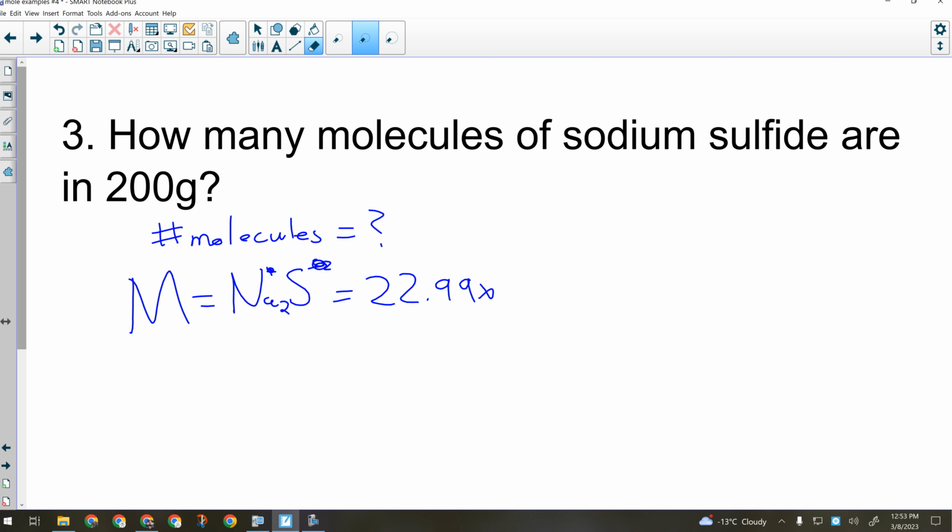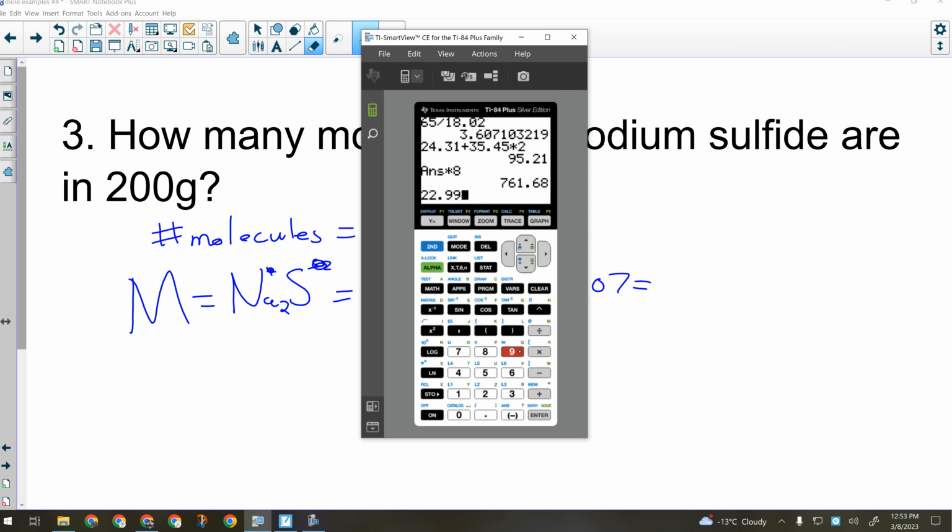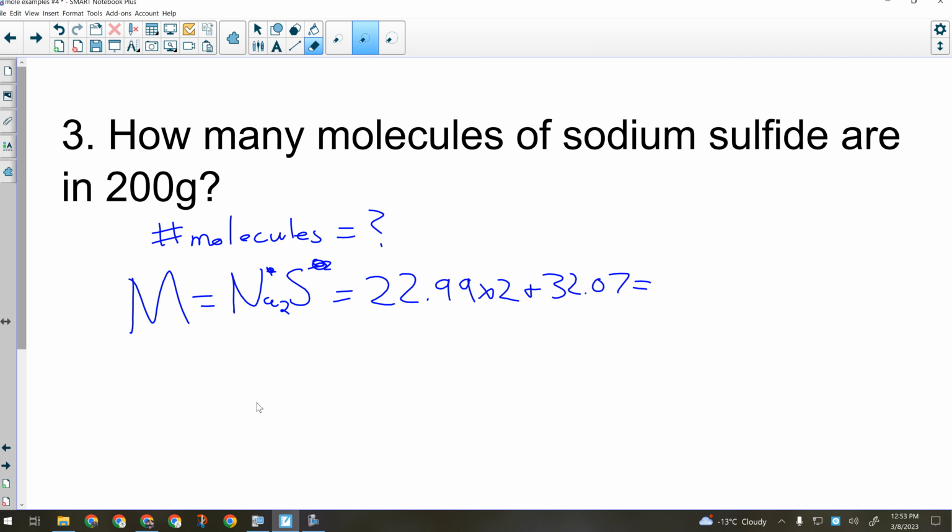There are 2 sodium, so I multiply it by 2, plus 1 sulfur, 32.07. All right, so we're looking at 78.05 grams per mole.